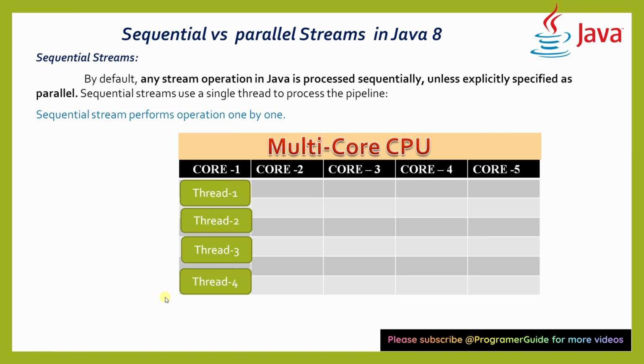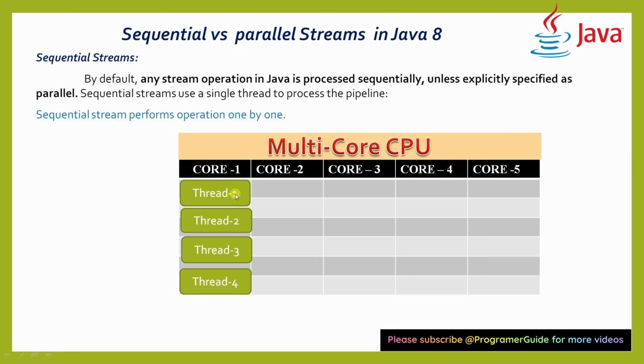That means any stream in Java is going to work sequentially. Okay, so since it is sequential, it is going to execute on a single core. Suppose you have an i9 processor with 9 cores, even so, sequential streams are going to execute on a single core.